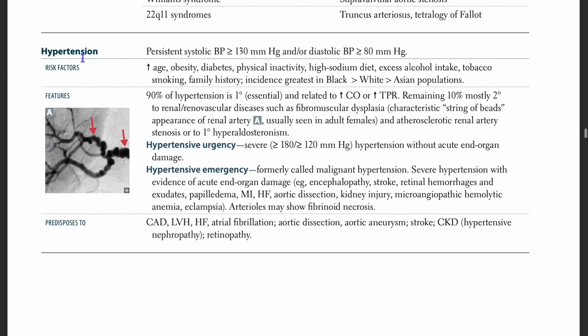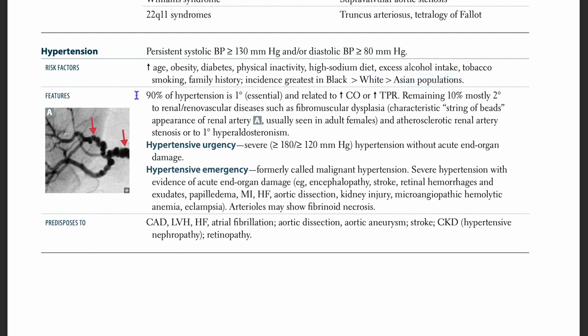Okay. Hypertension: persistent systolic blood pressure more than 130 mmHg and or diastolic BP more than 80 mmHg. Risk factors are increase in age, obesity, diabetes, physical inactivity, high sodium diet, excess alcohol intake, tobacco smoking, family history, incidence greatest in blacks, then whites, and then Asian population.